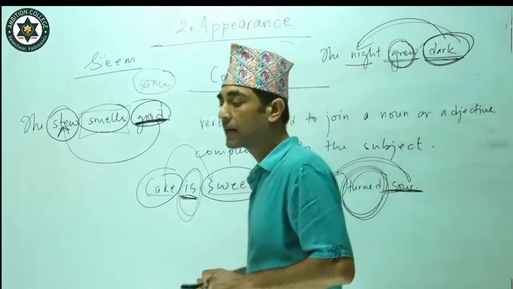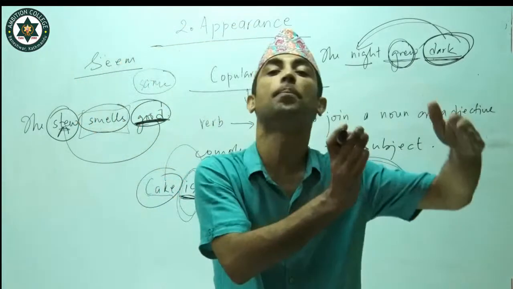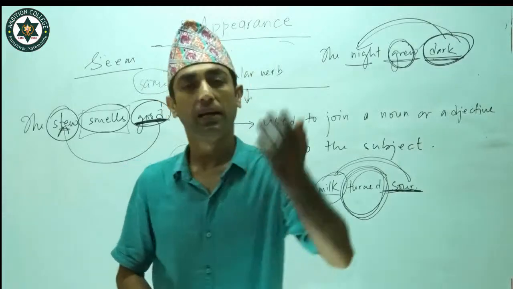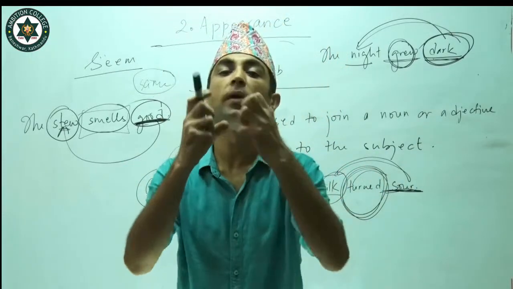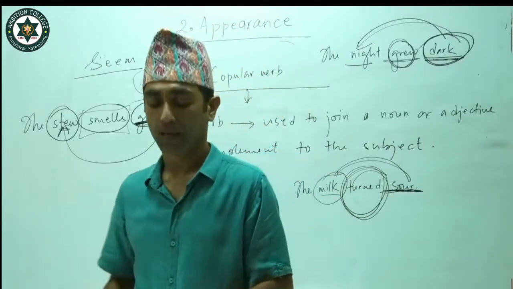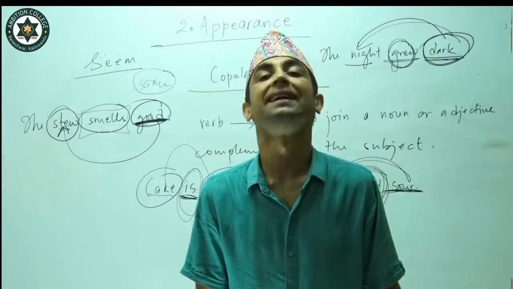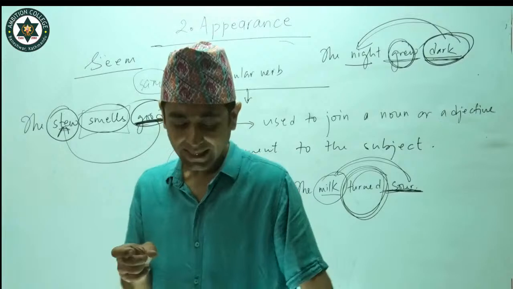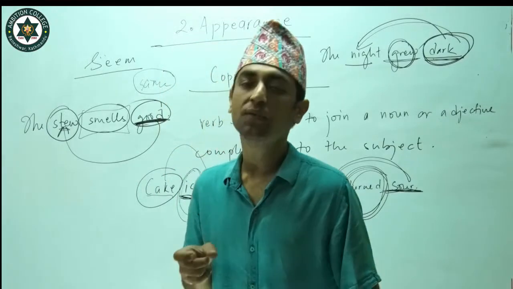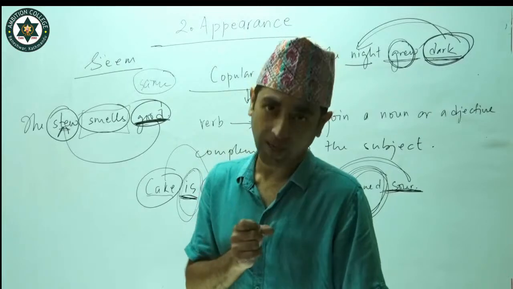The copular verb actually pairs the subject and the complement, if that is the noun or the adjective complement. It couples them. Therefore, we call it the copular verb. She spoke intelligently. Now, see, intelligently is the adverb which is modifying the speaking, right?